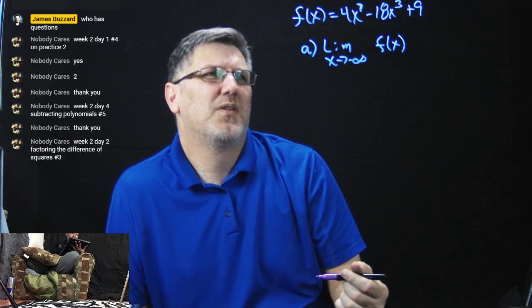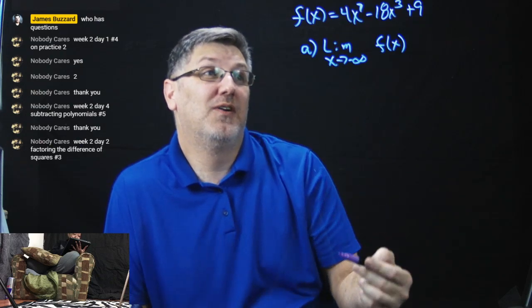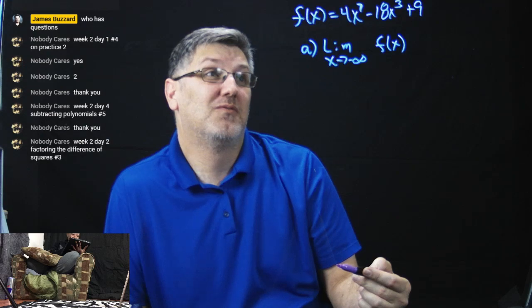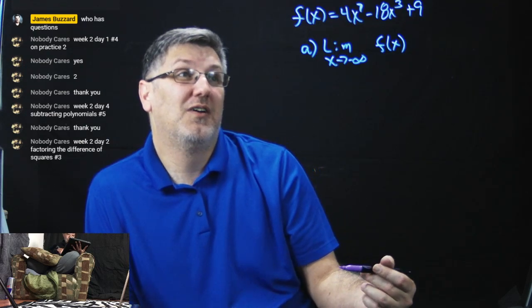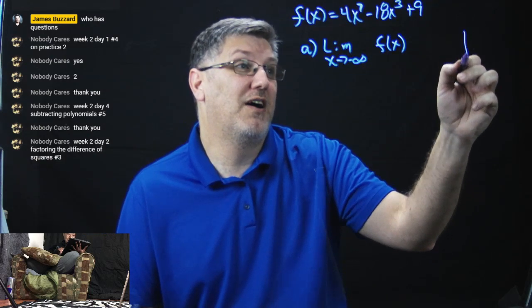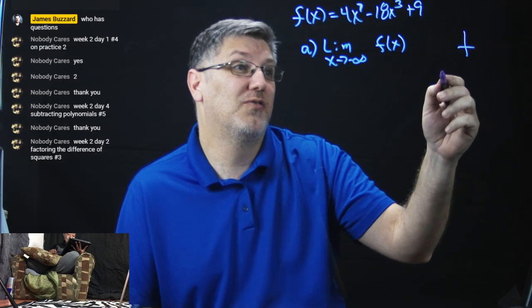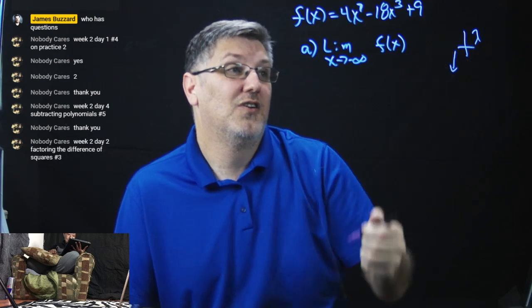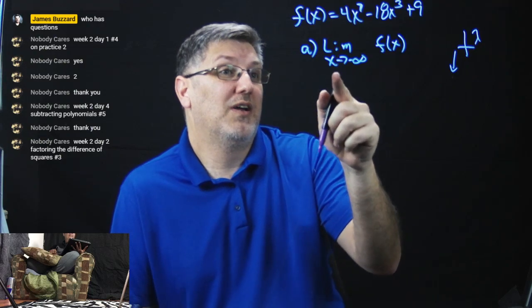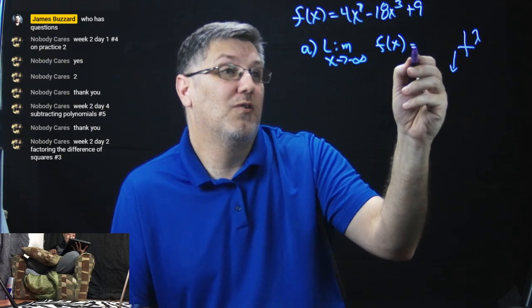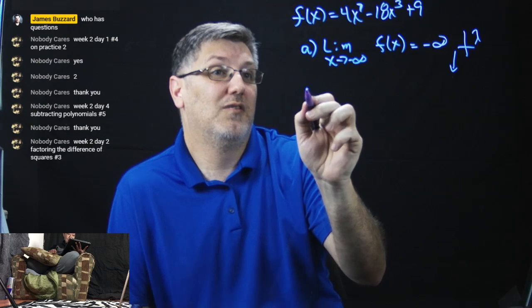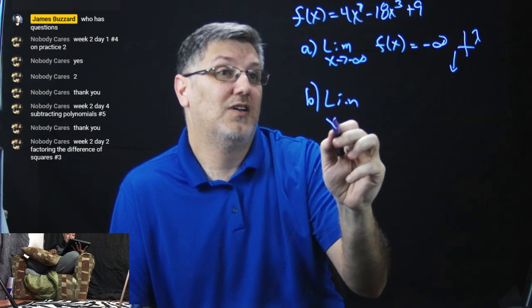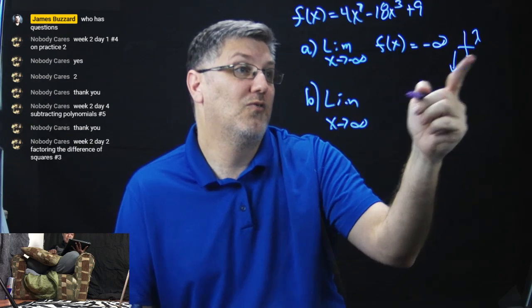I could just plug in infinity and I'm going to get 9. Well, I should get infinity because infinity plus that. What's happening with the graph, because it's an odd polynomial and my leading coefficient, the end behavior is doing this. So the limit as x approaches negative infinity this way is going to be negative infinity. And then b, the limit as x approaches infinity going this way.